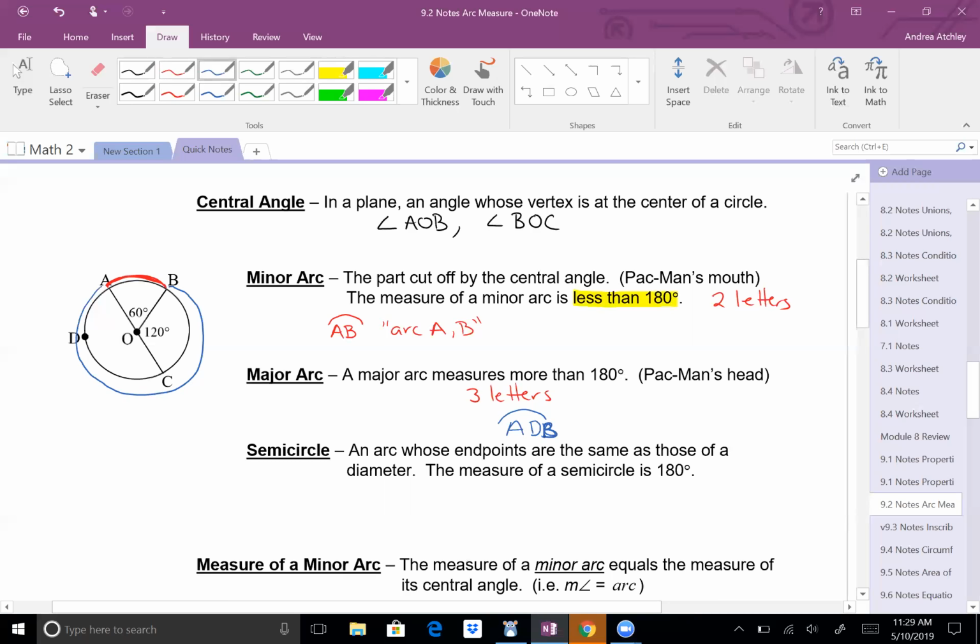To show that it starts at A, it goes in the direction of D, and then it ends at B. You don't need to include C. It is a point, but it's assumed since you go past it and end at B. Any questions over that?